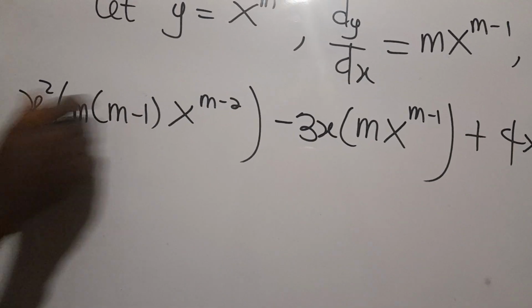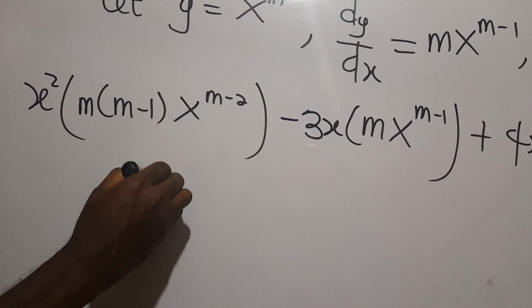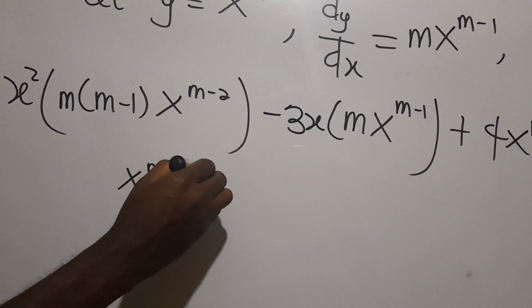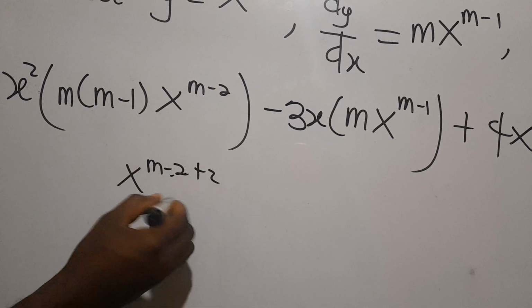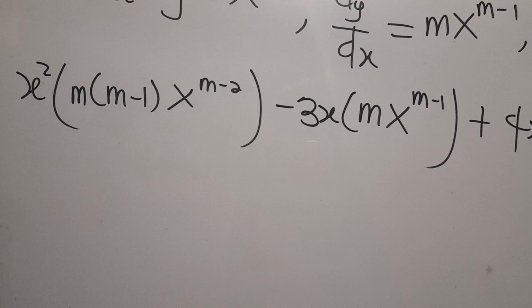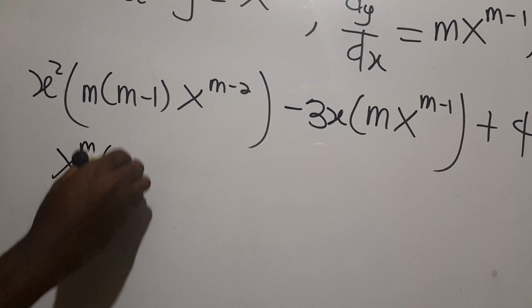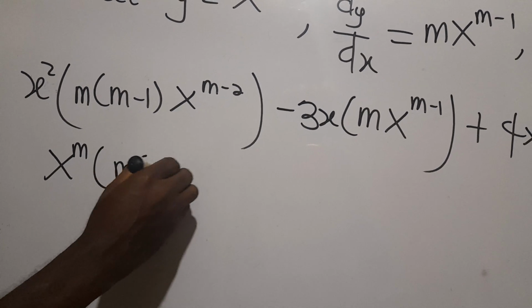Now let's look at this. The bases are the same, so we just add the exponents. We have x^(m-2+2); minus 2 plus 2 is 0, so we have x^m times m(m minus 1).